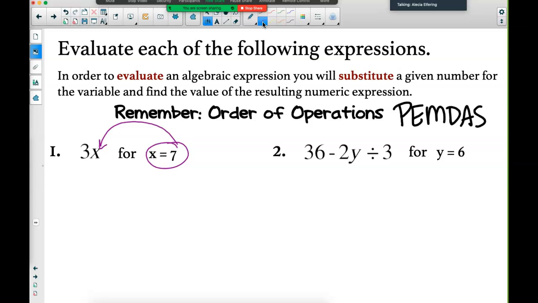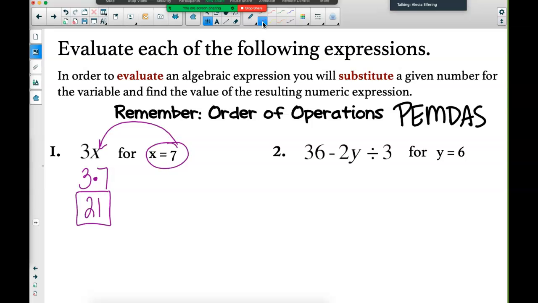Okay, so I'm going to rewrite this with the 7 in for x. What do I have to put in between that 3 and the 7? If I just write it like that, it looks like 37. Yeah, I have to put a multiplication sign there because when that 3 is right in front of the x, it means to multiply. And so 3 times 7 is, everyone? 21. There's our answer.